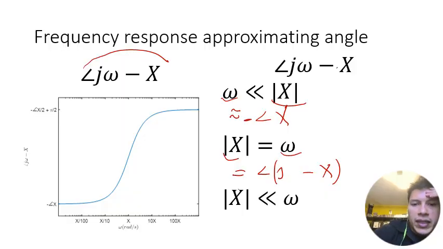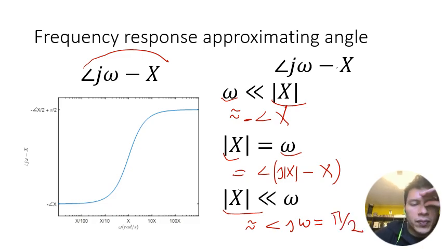And so finally, if omega is large, we can just replace this with the magnitude of x. And then finally, whenever x is much smaller than omega, we will replace this by the angle of j omega, which will be equal to pi over 2.